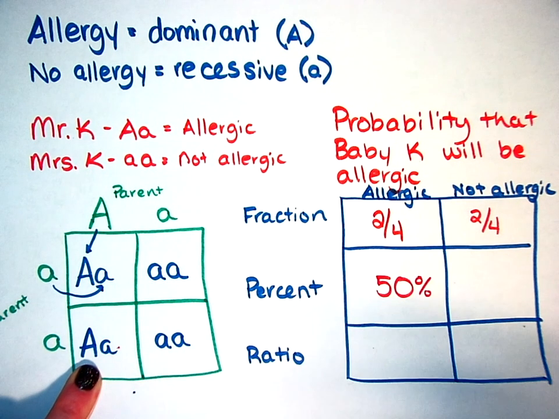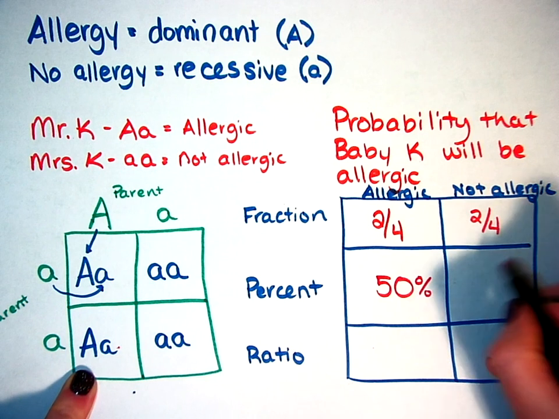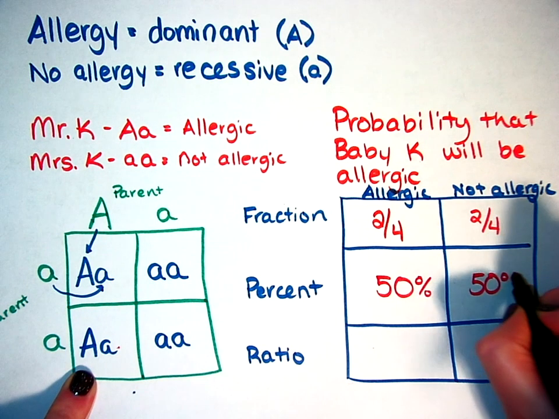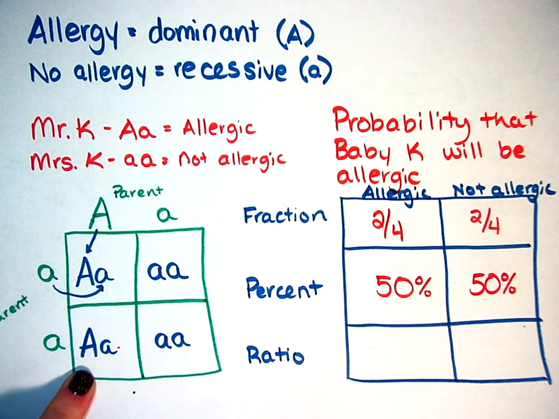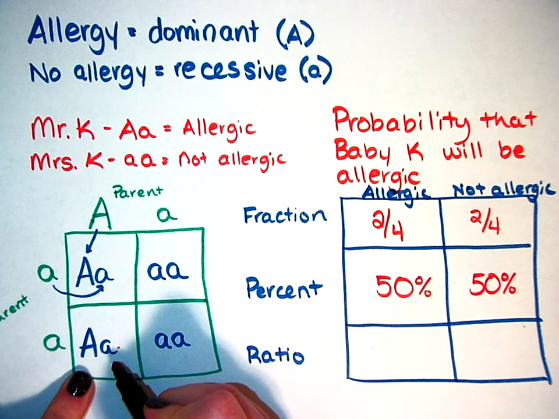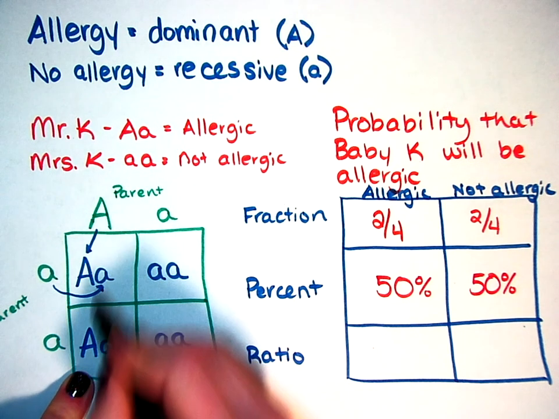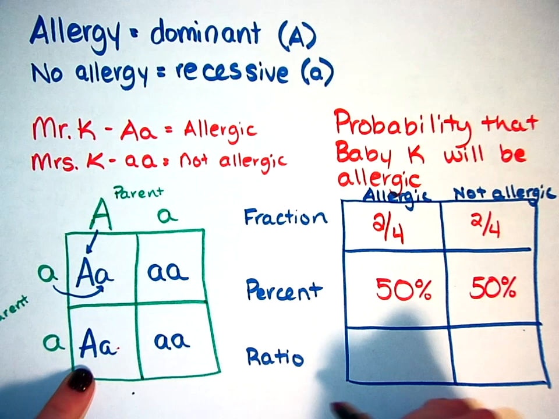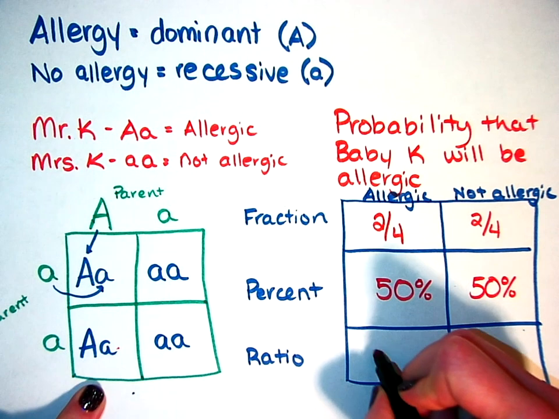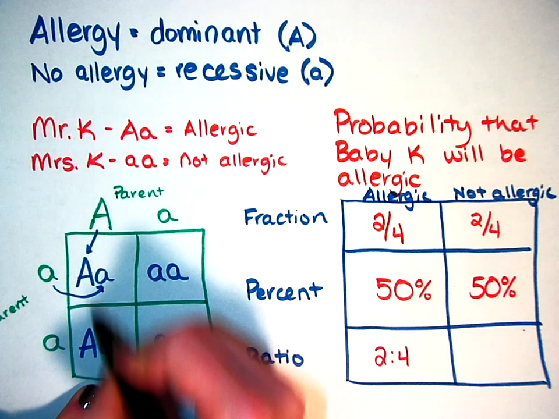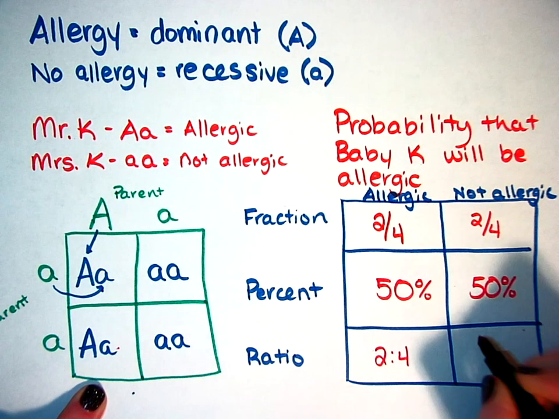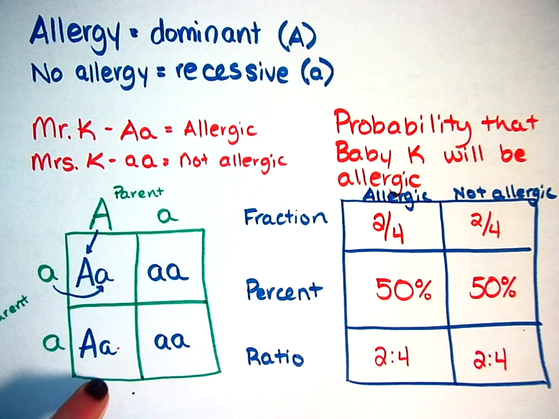Our baby has a 50% chance of being allergic and a 50% chance of not being allergic. If I want to represent this as a ratio, I could say that of the 4 possible offspring, 2 out of 4 are allergic, and 2 out of 4 are not allergic.